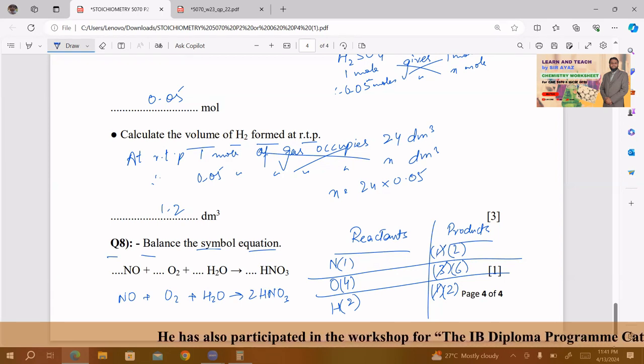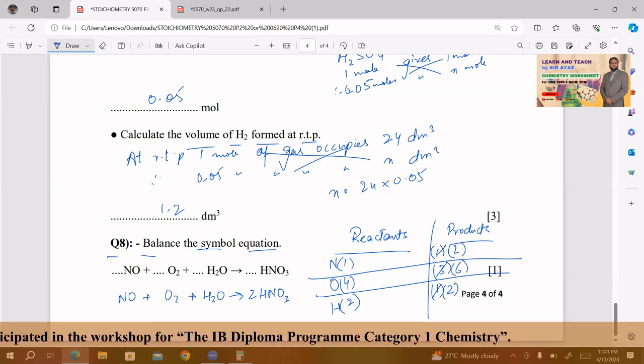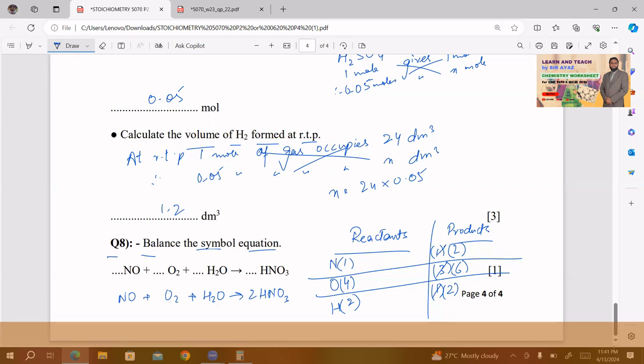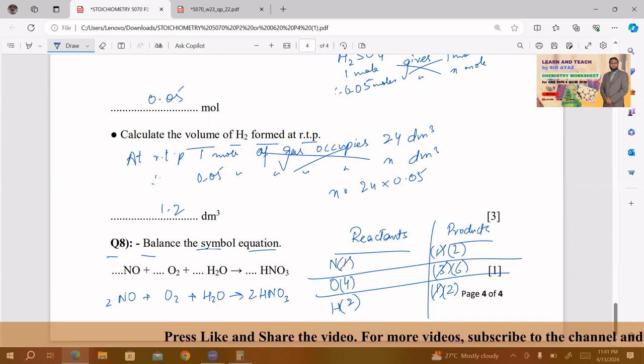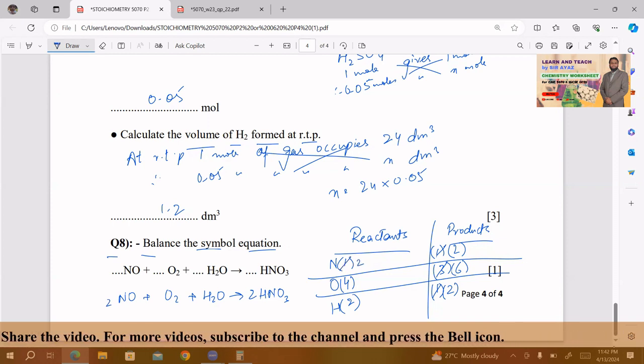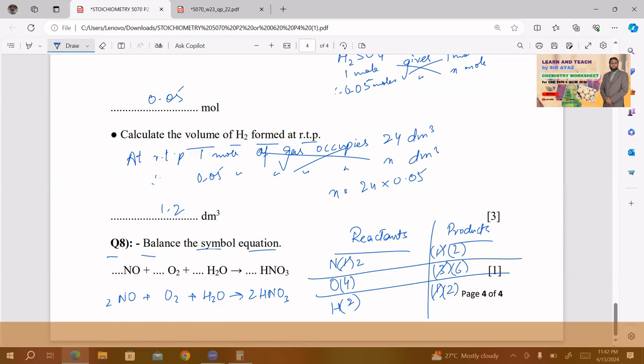Now can we balance it? Okay. If I place 2 before NO on the reactant side, then nitrogen becomes 2. What about oxygen? 2 plus 2 is 4, 4 plus 1 is 5.